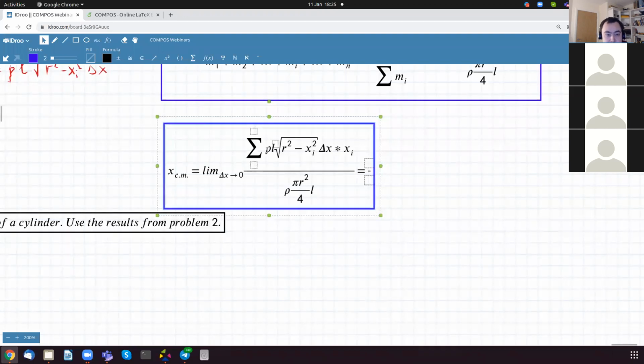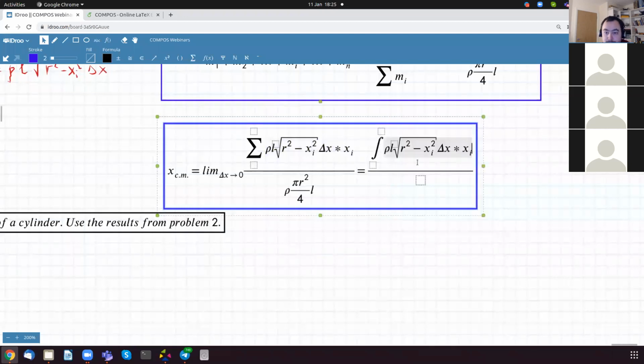Instead of the sum, we now have the integral. Instead of delta x, we have dx. So delta x changes to dx, xi changes to simply x.